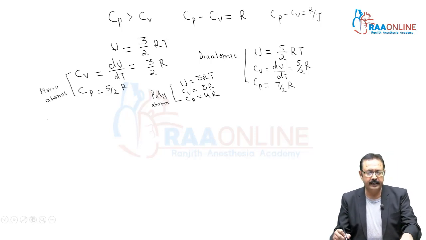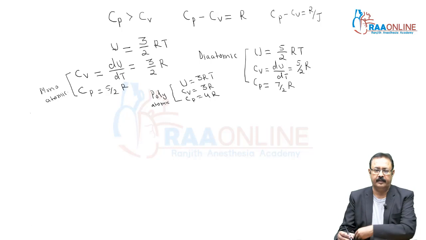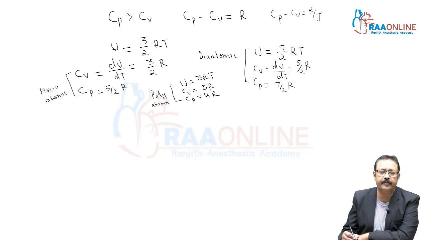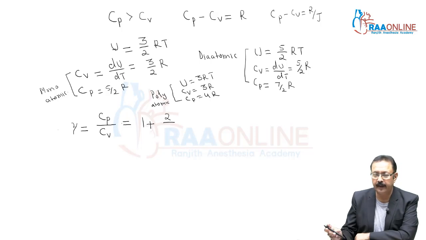So remember these important results and the relation between Cp upon Cv with degree of freedom. Cp upon Cv, the ratio of molar specific heats of a gas, is known as gamma. Gamma is equal to Cp upon Cv, and it is associated with degree of freedom by this formula: 1 plus 2 by n.